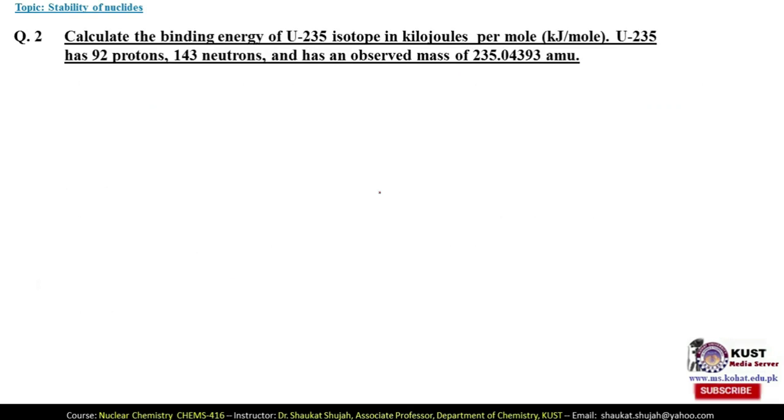Question 2. Calculate the binding energy of uranium-235 in kilojoules per mole. Uranium-235 has 92 protons, 143 neutrons, and has an observed mass of 235.04393 AMU.